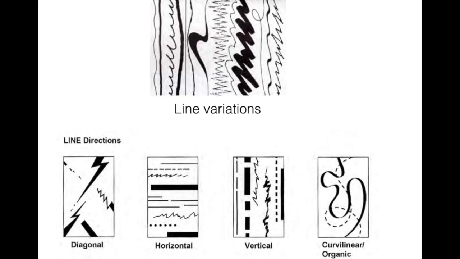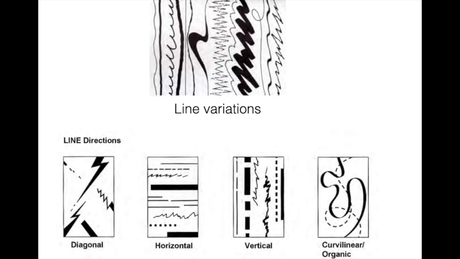So we have diagonal, horizontal, vertical, and curvilinear or organic shaped lines. You can use those interchangeably. In the top area here, we have line variations. So you can think about thick and thin, the angles of lines, curvy lines, jagged lines, and then we're also going to think about the emotional content of line.